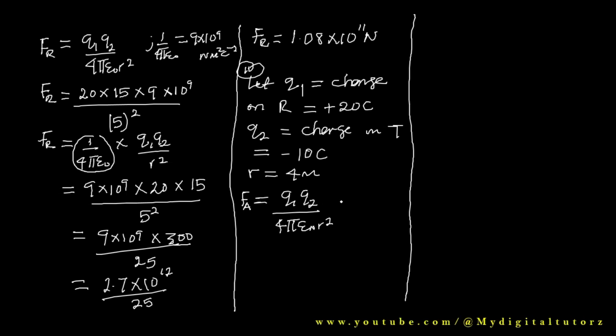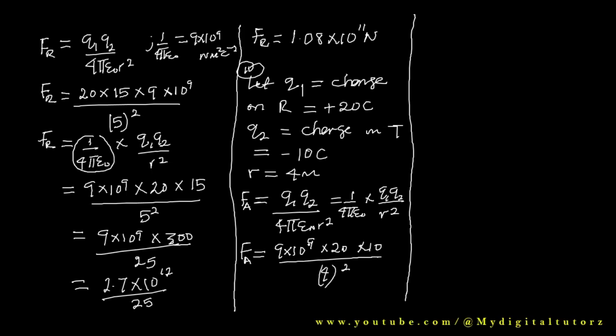The same thing we did, this implies 1 over 4 pi E naught multiplied by Q1, Q2 all over R squared. So the force of attraction between R and T, Fa, will be equal to 9 times 10 raised to power 9 multiplied by 20 multiplied by 10 all over 4 squared.